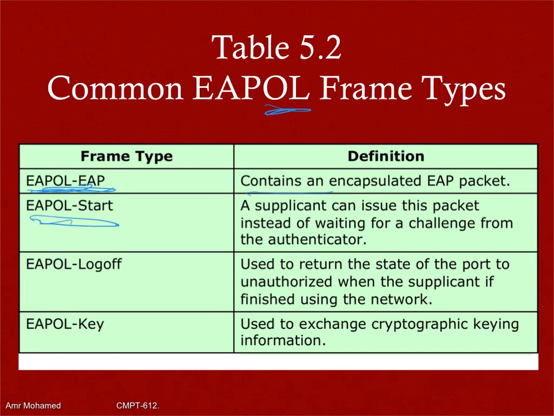This triggers the authenticator to say, you need to authenticate yourself, and we start sending these messages back and forth. This request comes from the device itself, or when you associate the device to a particular access point, the device triggers this message from the 802.1x level, which starts the authentication process.